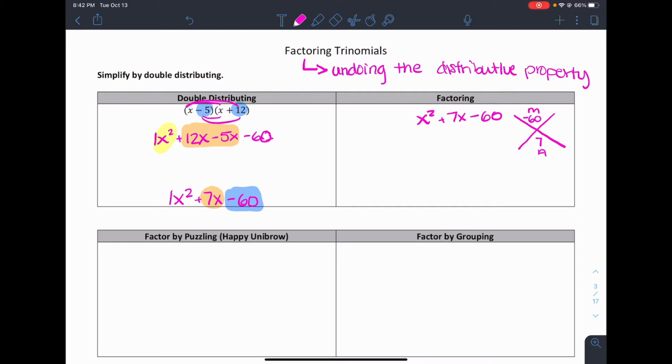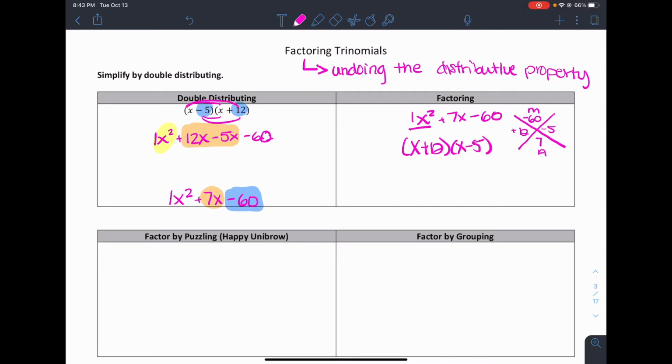Well, of course, that's positive 12 and negative 5. I like to write the signs in this little x just so I remember. When this leading coefficient is 1, like it is here, this is super easy. We're basically done. It's just x plus 12 and x minus 5. Of course, we knew that from where we got this problem. But there you go.